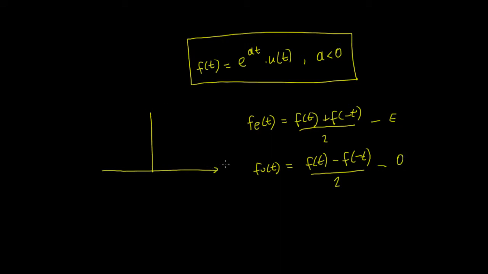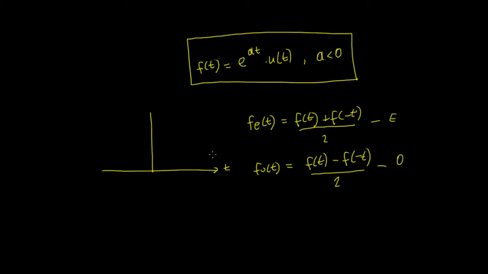Okay, so to generate the even part, we take f of t. Now f of t is just this here. So e to the at just looks like that. Now we notice that a has got to be less than 0, so you're going to end up with e to the minus t, which just runs like that.